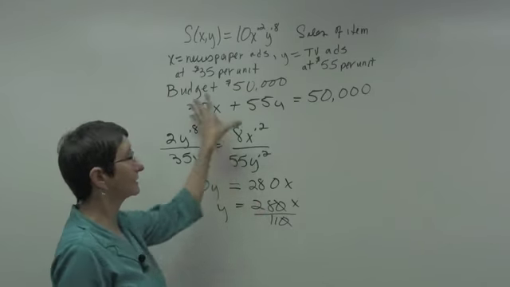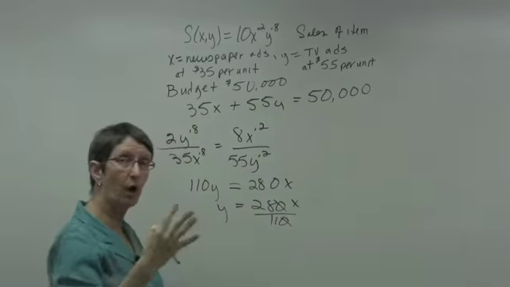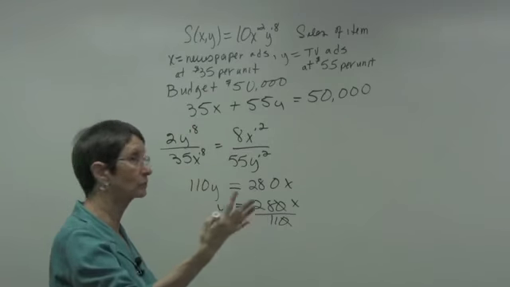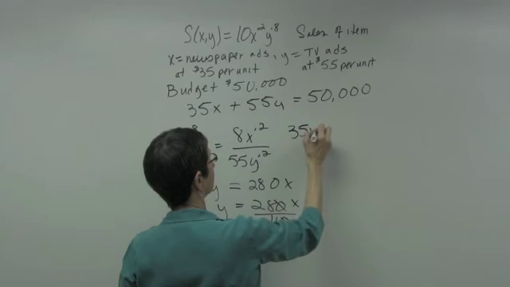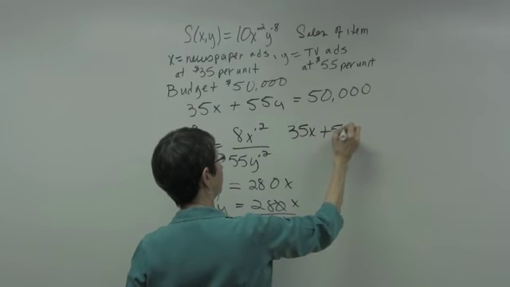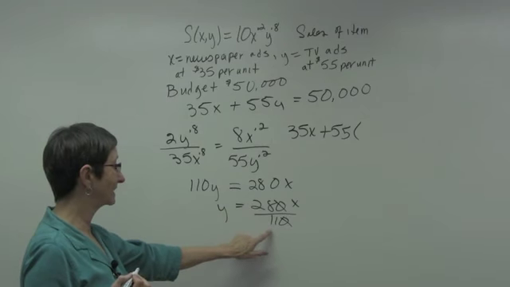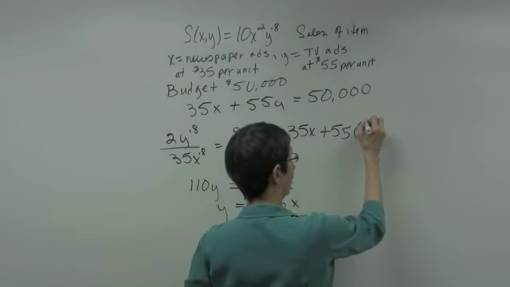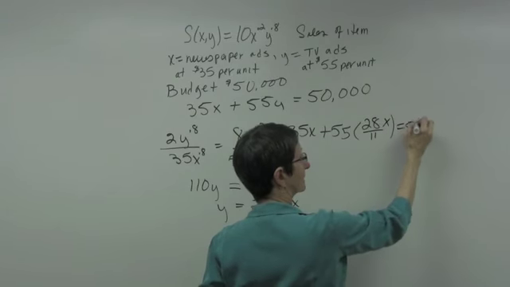This is what now goes into my constraint. And you can leave the constraint like this, or you can rewrite it minus 50,000 equal to 0. Let me write 35x plus 55 times y, and y is 28 over 11x, equals 50,000.